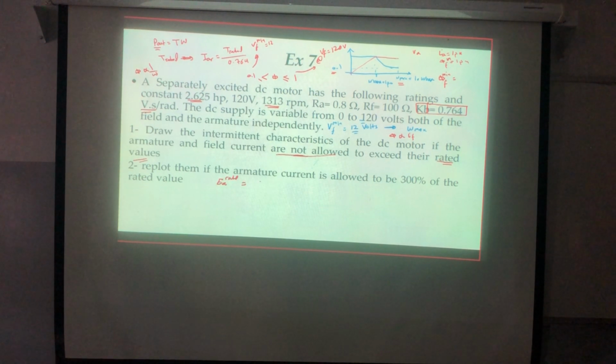It's 1 per unit, but simply here I need to calculate it in order to find the normalized value. So this will equal what? I gave you the voltage, 120. So 120 minus RA, 0.8.